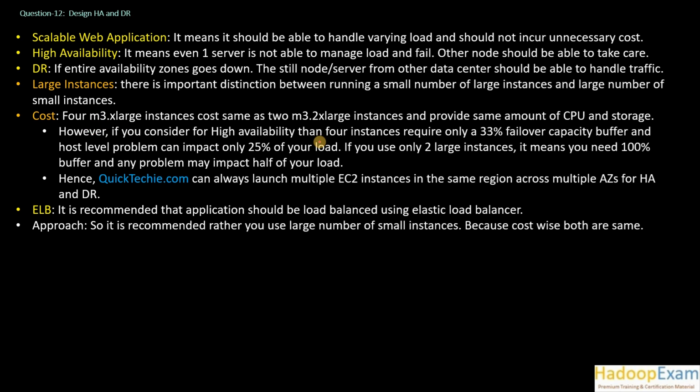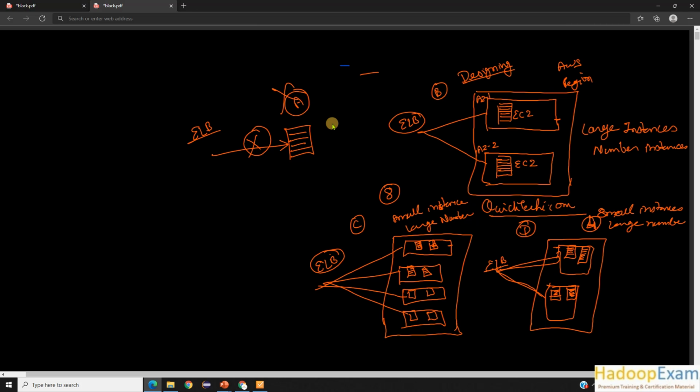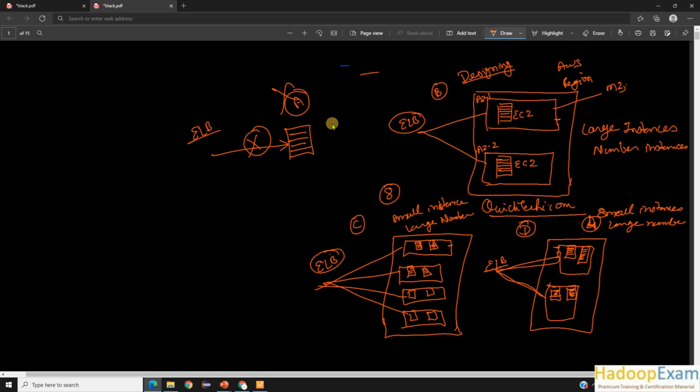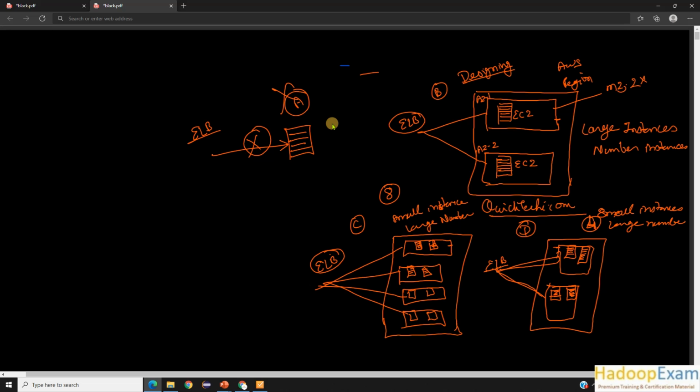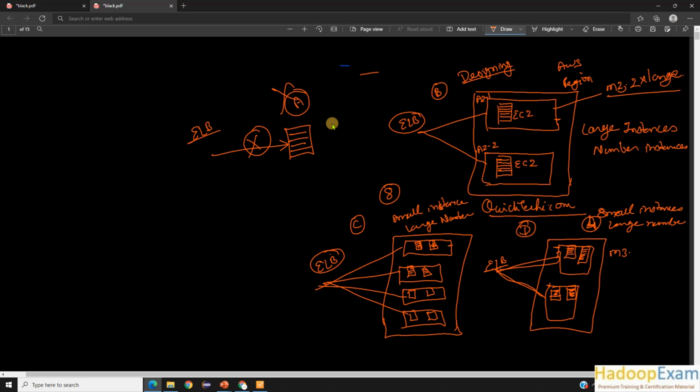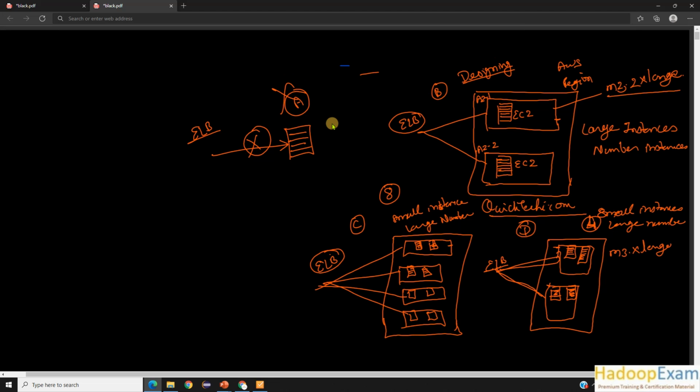4 M3 X large instances cost the same as 2 M3 2X large instances. Suppose here you are using M3 2X large instances, correct? Here you are using M3 X large instances, correct?